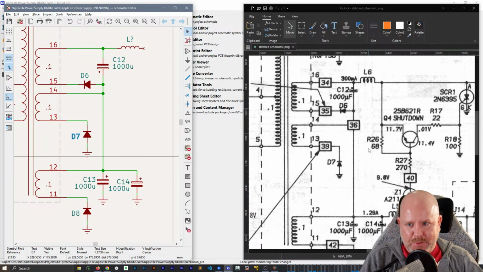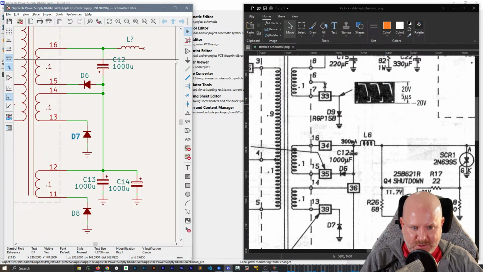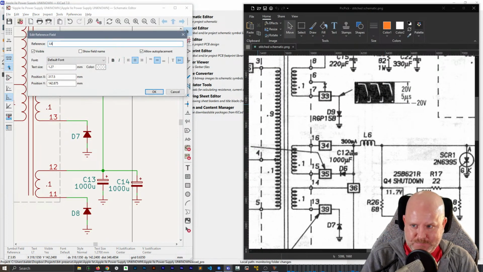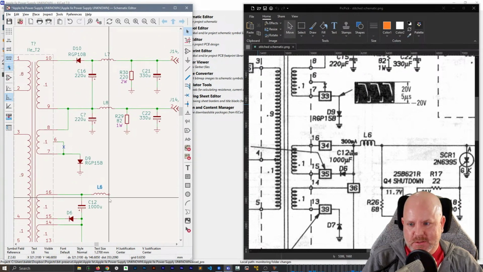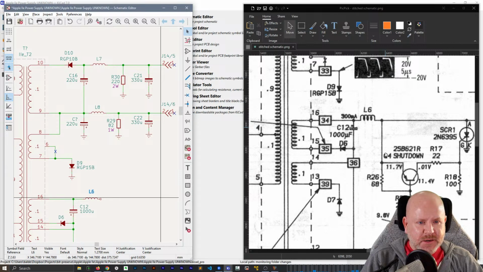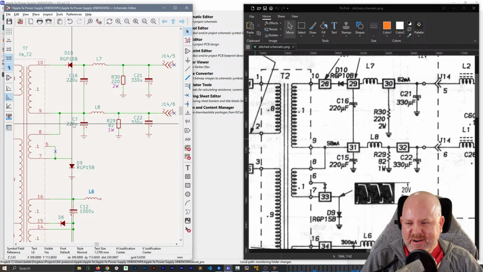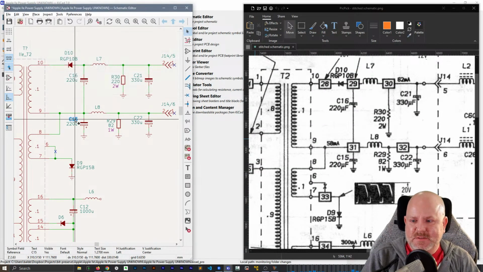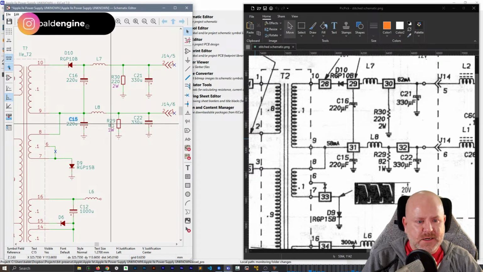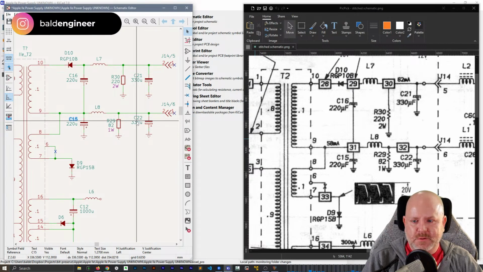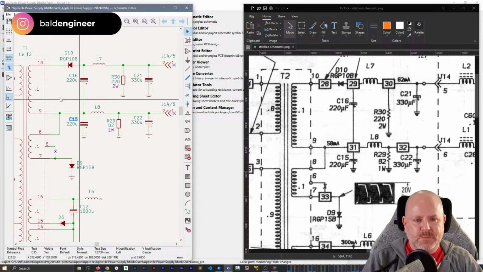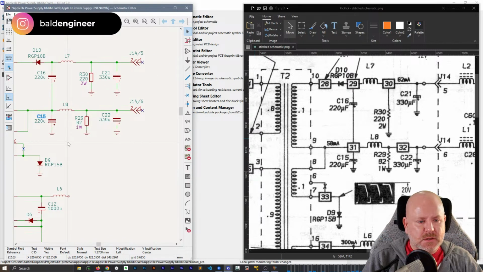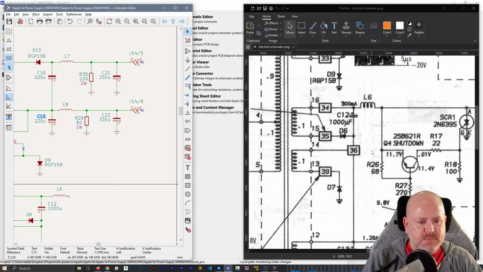That's probably going to be a part that I forgot to set its value or something, so it's going to work out as a really nice check. This is C15, it is a 220. R29, 820. C22 is a 330, C21 is a 330, R30, 220, R16, 220. All right.